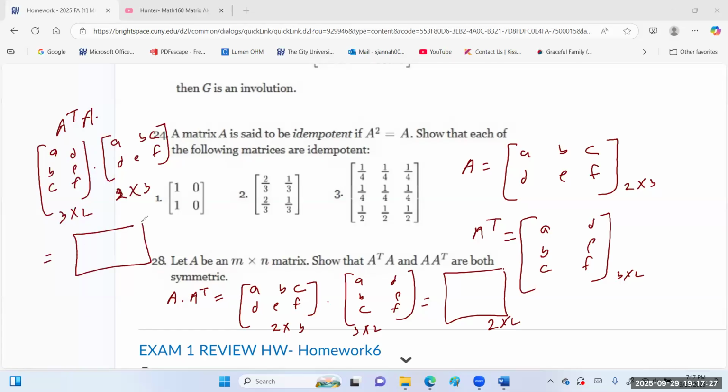So what would be the dimension for the result? 3 by 3. So you don't have to do the math. You can simply show the proof with your letters A, B, C, D, E, F. That's the way to do it here. Nothing hard, nothing fancy.